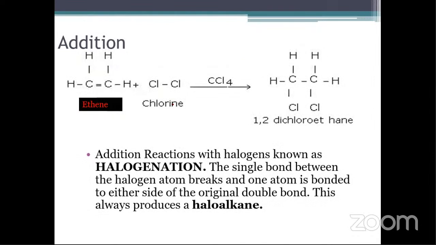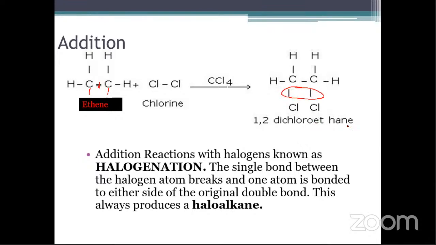Let's look at addition again. Here, you have chlorine and you have ethene, which has a double bond. What happens is this double bond breaks and forms two single bonds. The chlorine attaches itself to the single bonds here, as you can see, and you have dichloroethane.